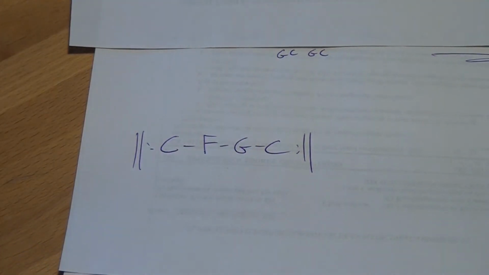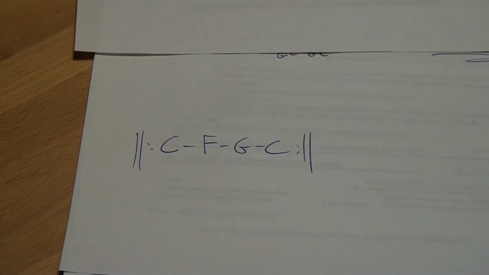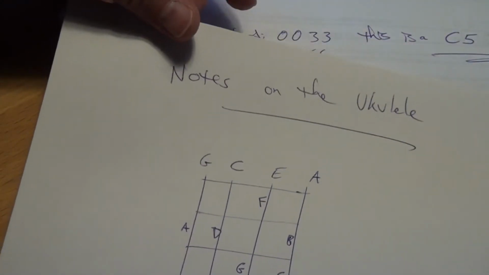Okay, and you could play just the regular C, F, G, C, or play it different ways. So C, I could play the C there. I could play an F. Well, you know what, why don't we just do that too?